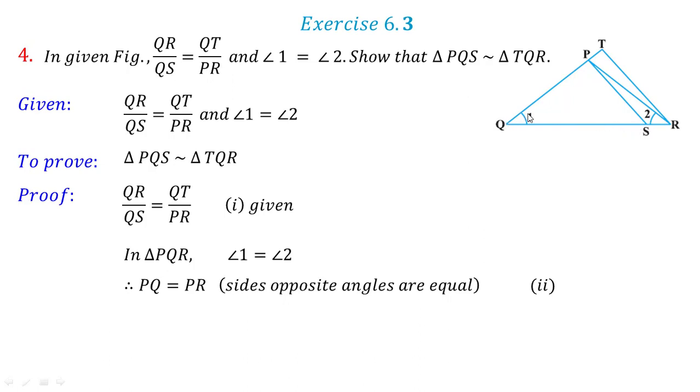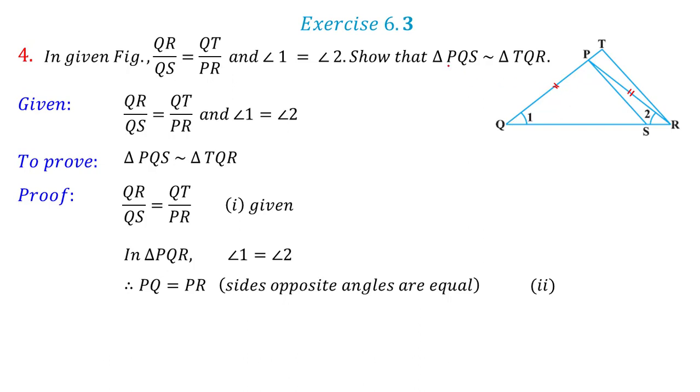Now angle 1 and angle 2 are equal, so from here I can say that the side opposite to angle 1, that is PR, and the side opposite to angle 2, that is PQ, are also going to be equal. So this side and this side, that is PQ and PR, are going to be equal.